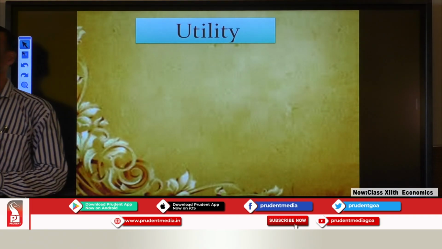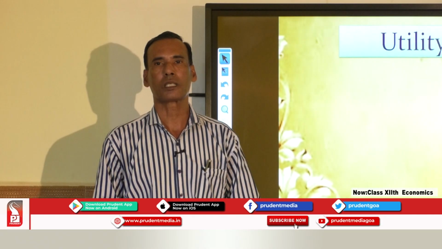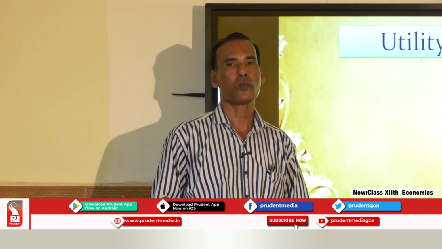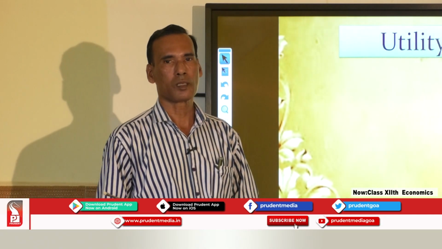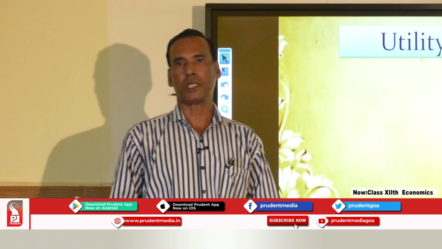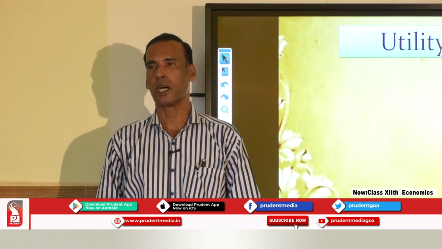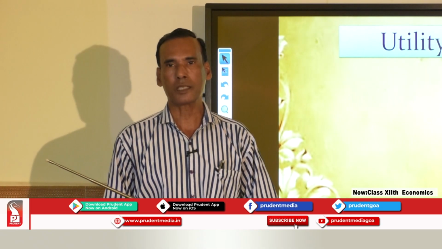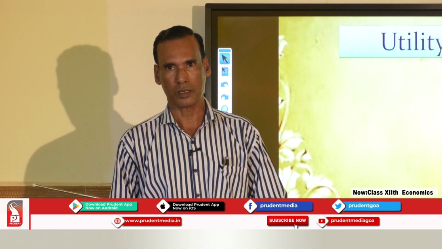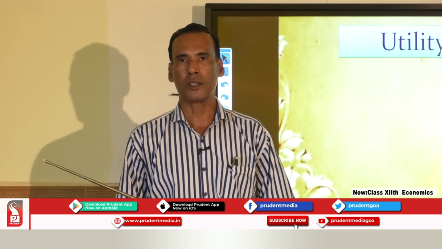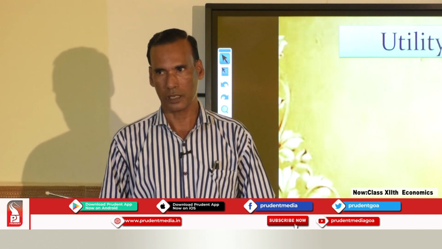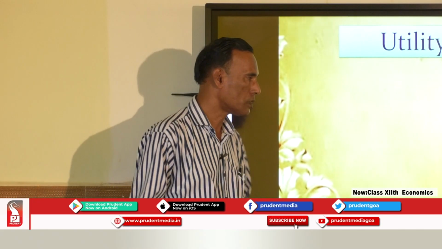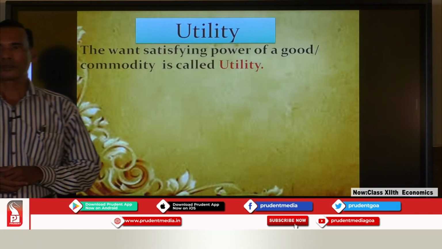Now, the first concept that we need to know is utility. What is utility? Utility is the want-satisfying power of a commodity. When you consume that commodity, it satisfies your want. That power is called utility. For example, I am hungry.